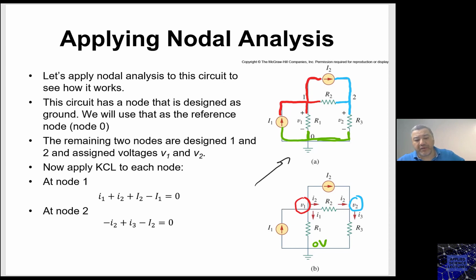But now in this question, it was given to me that the reference is that. If you are given the option to pick the reference, you usually pick the reference with the most branches. We will talk about all the cases, but in this case, when I have no voltage sources, I would pick the reference to be the one that has the most branches connected to it.